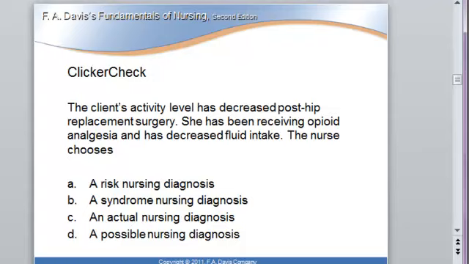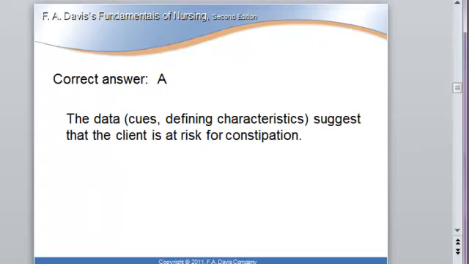The nurse chooses, is it A, risk nursing diagnosis, B, a syndrome nursing diagnosis, C, an actual nursing diagnosis, or D, a possible nursing diagnosis? And the answer is A. The data, the cues, those defining characteristics, which are all signs and symptoms, suggest that the client is at risk for constipation. So hopefully everybody got that right.